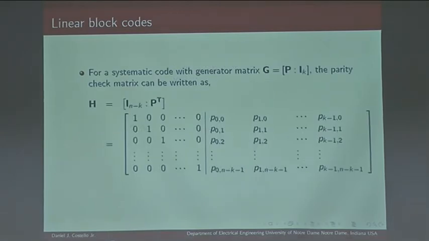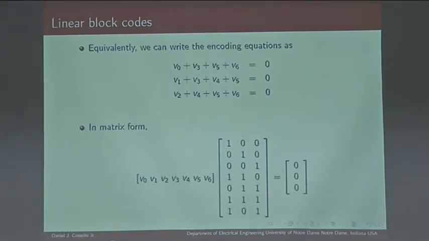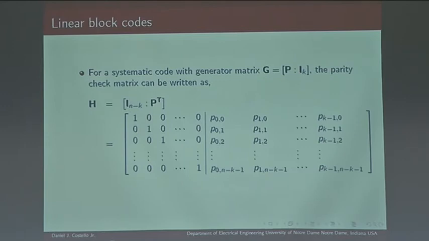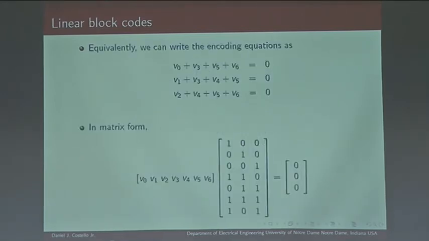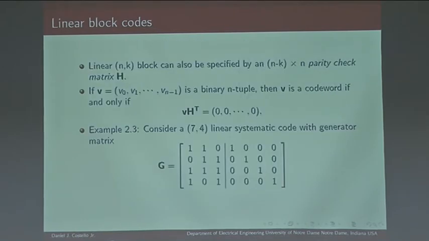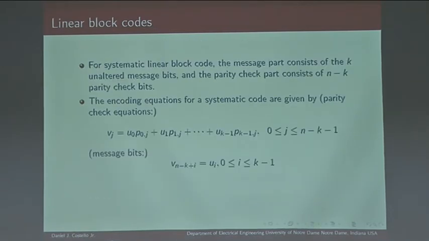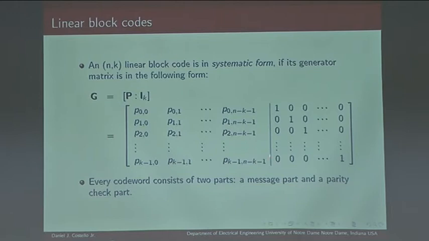So then when you transpose this, it becomes the right half of H, and you just get the P's here, just like we had them in the generator matrix.